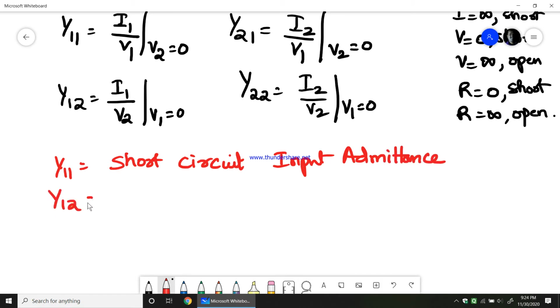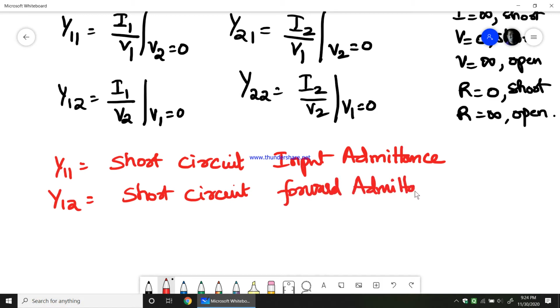Similarly, Y12 is equal to short circuit forward admittance. Y21 is equal to short circuit reverse admittance.